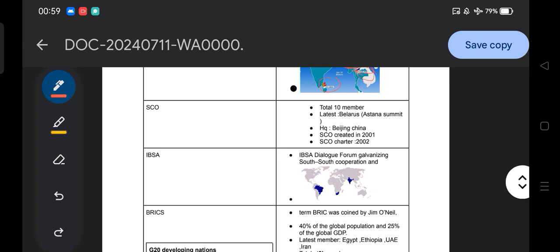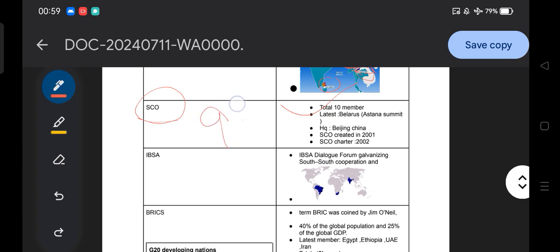After BIMSTEC, another important thing is SCO, the Shanghai Cooperation Organization, and I have already shared important information on Telegram. Why is it important? Recently the SCO summit was organized in Astana, and a landmark change was observed. Right now there are a total of 10 members.